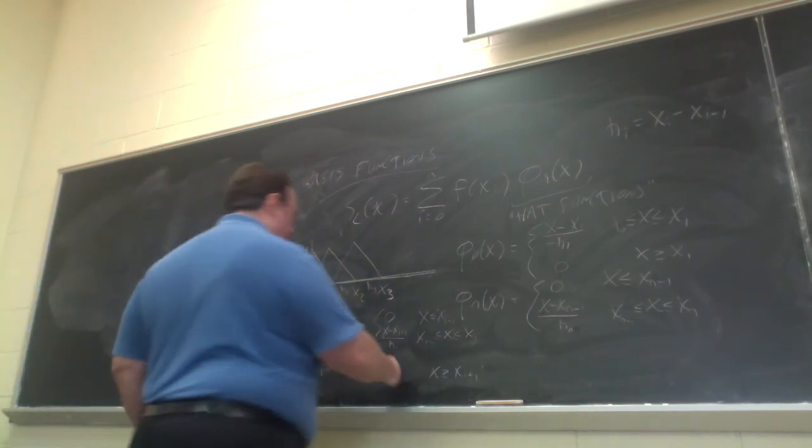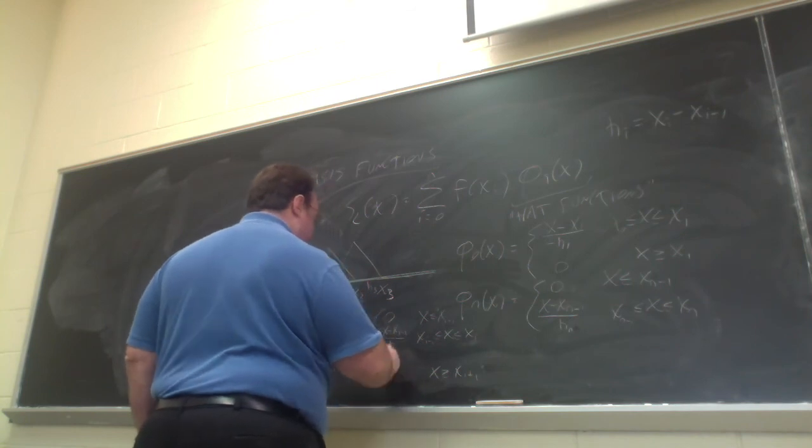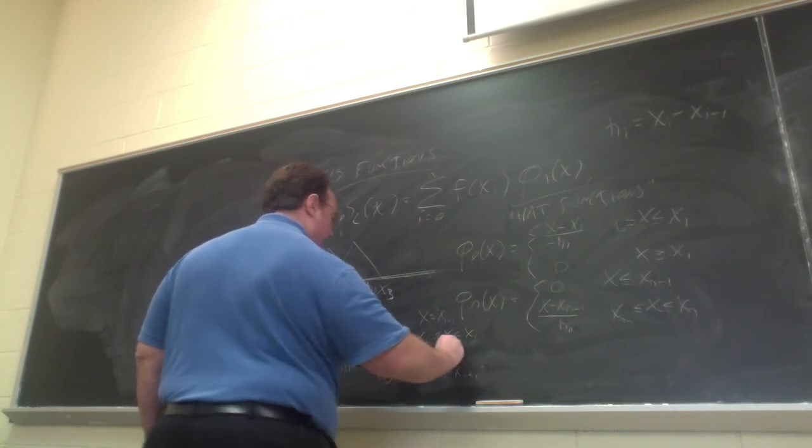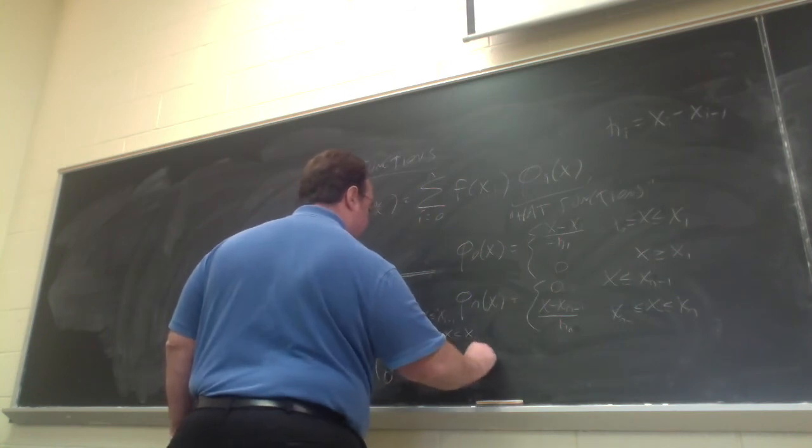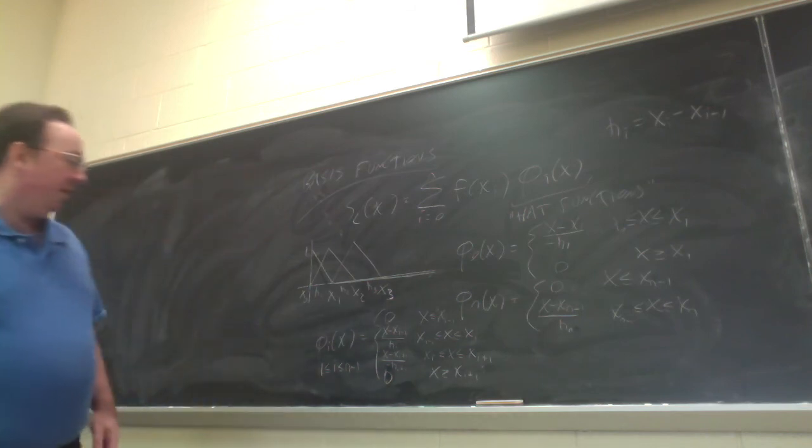And then it comes down after that. So x minus x i plus 1 over minus h i plus 1 for x between x i and x i plus 1.